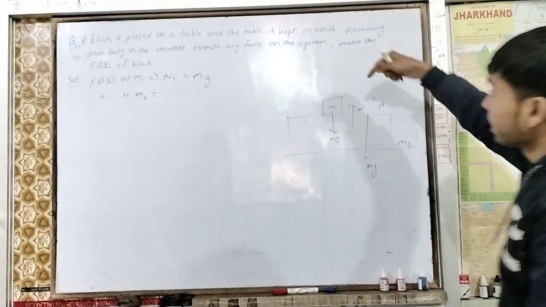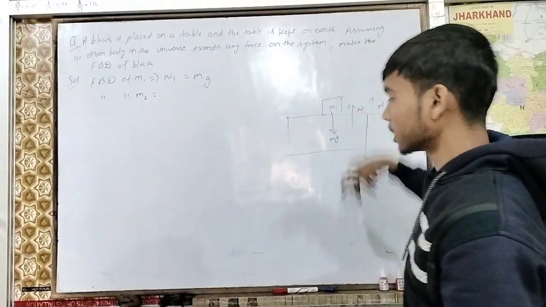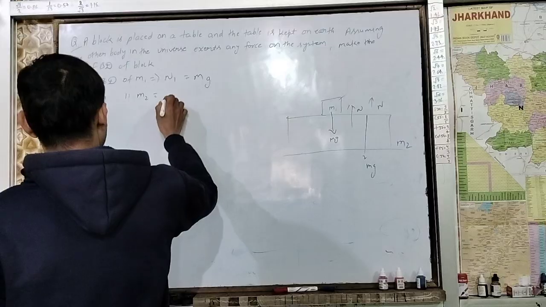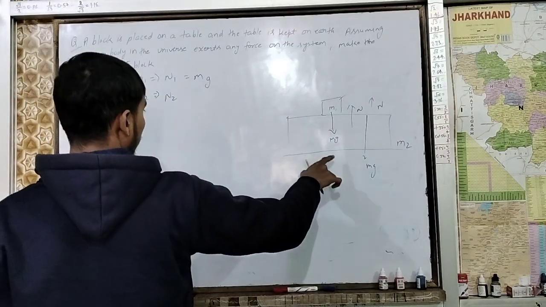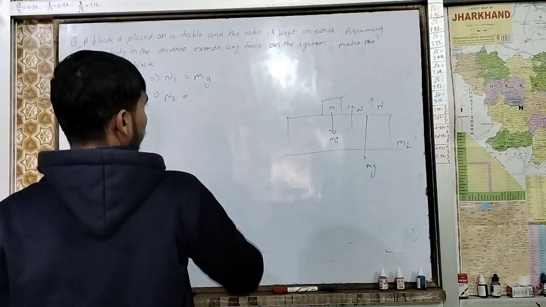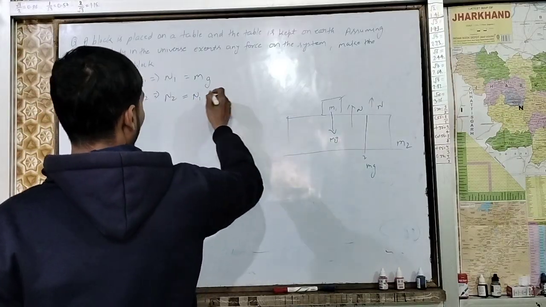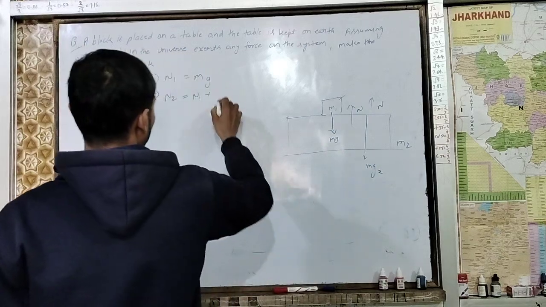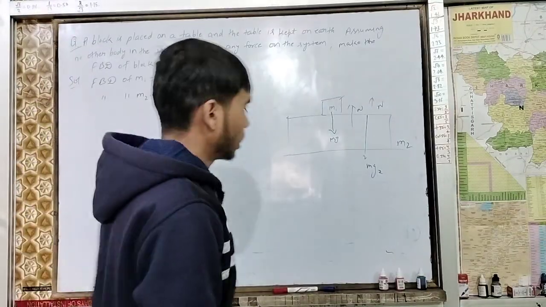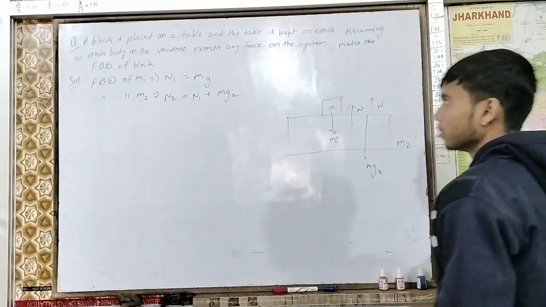Here we can see this object is applying force on the table. So N2 will be equal to N1 plus m2g, and N1 is m1g, so you can write m1g plus m2g.